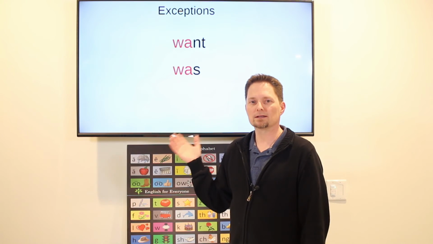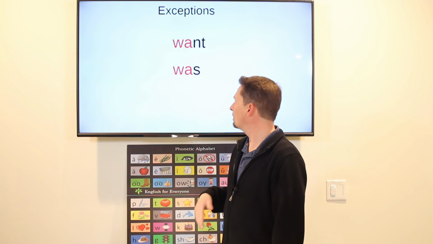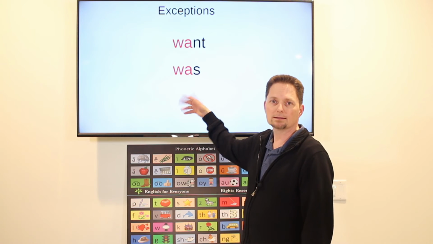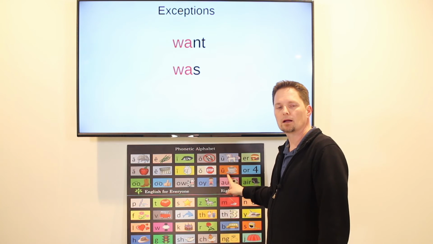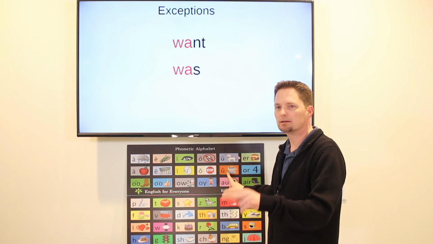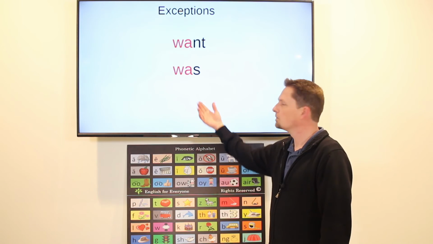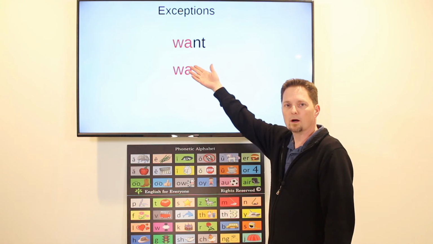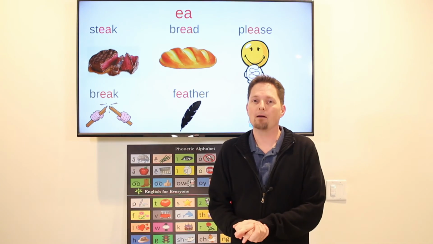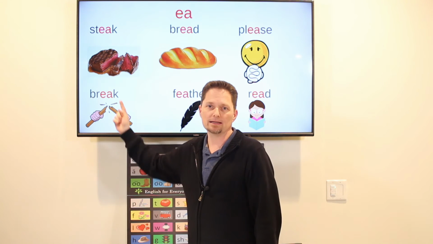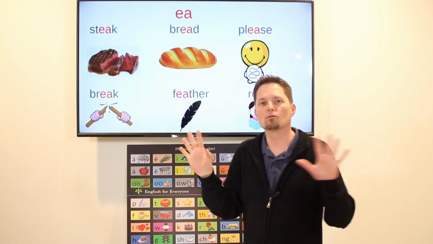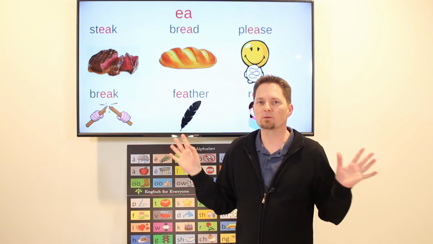Two very important exceptions to the wa rule. We do not say was and want. This changes to the sound like cup and cut and up. Was, want. And now we have a combination with EA. When you have the combination EA, there are no rules. Many different pronunciations.